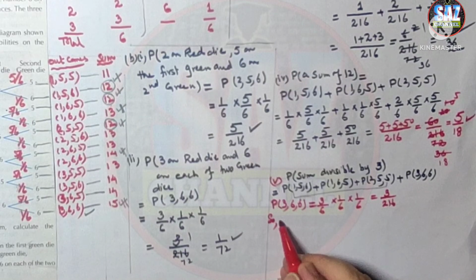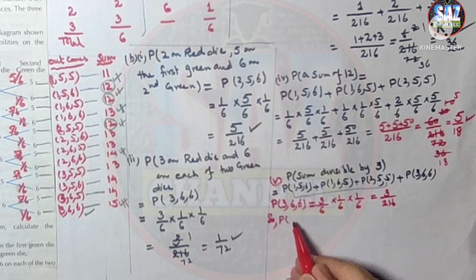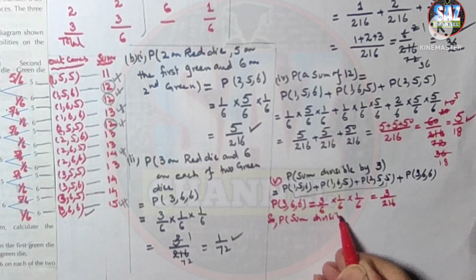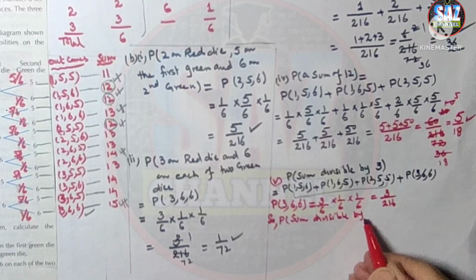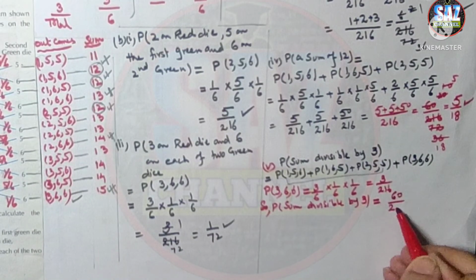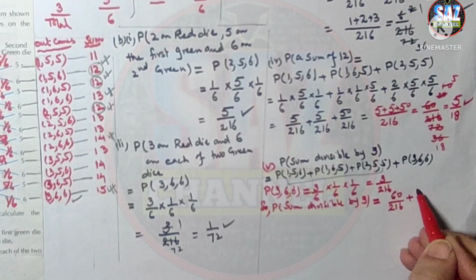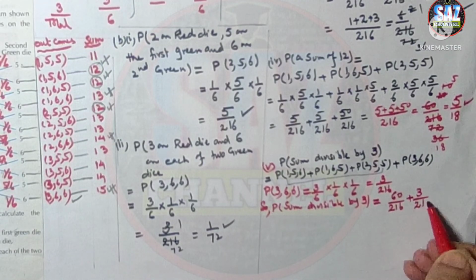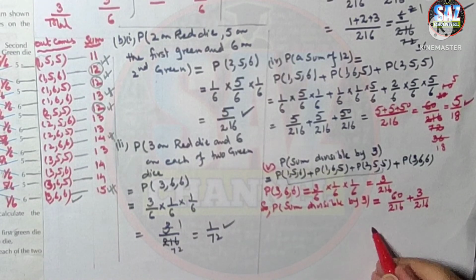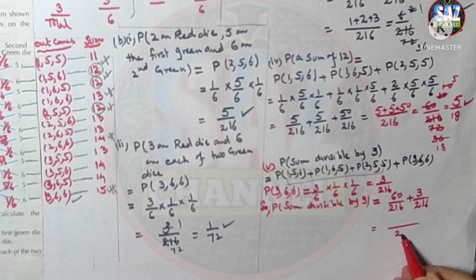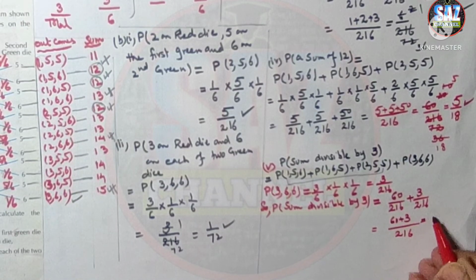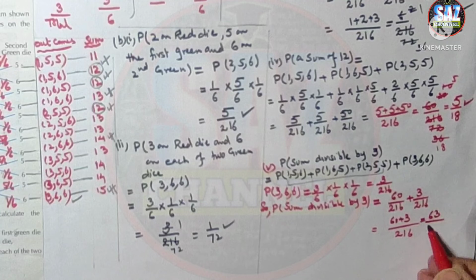The probability of a sum divisible by 3 will be equal to 60 by 216 plus 3 upon 216. Here the denominators are the same, so we can take the LCM easily. 216, 60 plus 3, which is equal to 63 by 216.